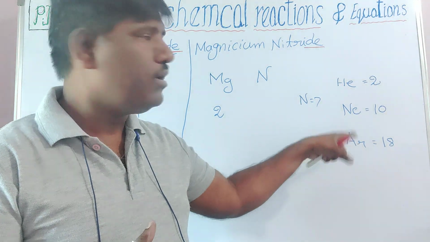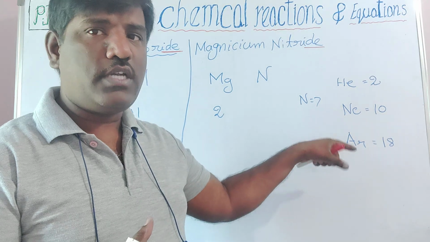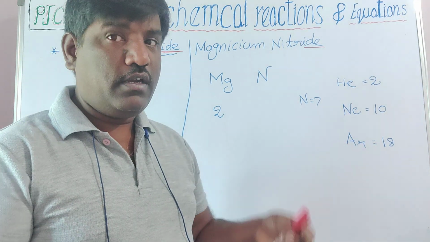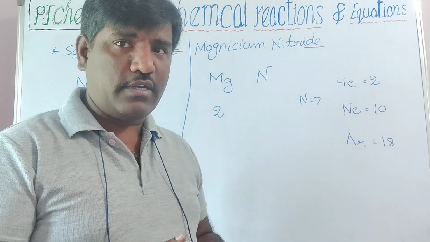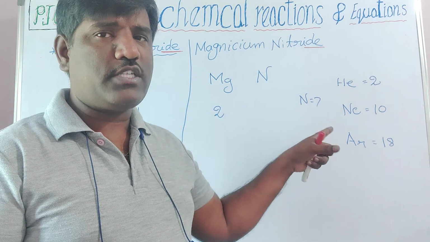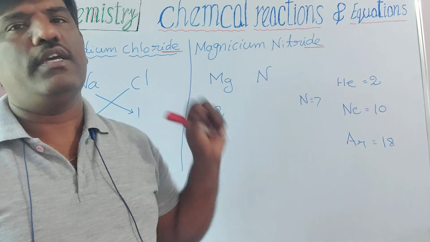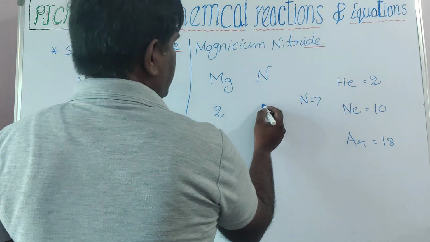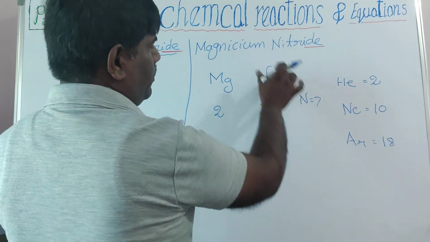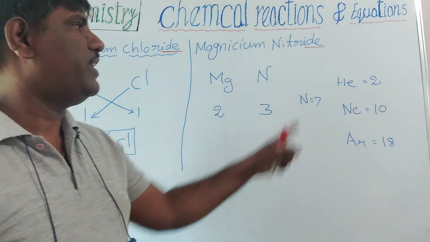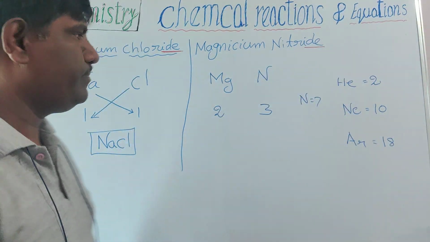To get argon stability, nitrogen having 7 electrons must gain 10 electrons, which is very difficult. So it is easy to get neon stability by taking 3 electrons. Neon only is near. Finalize. So nitrogen valency is 3 because the nearest noble gas element is neon.